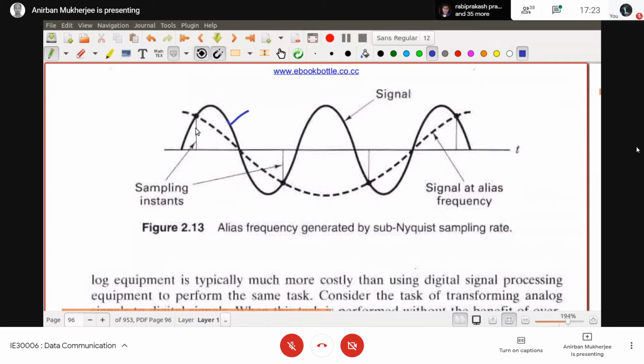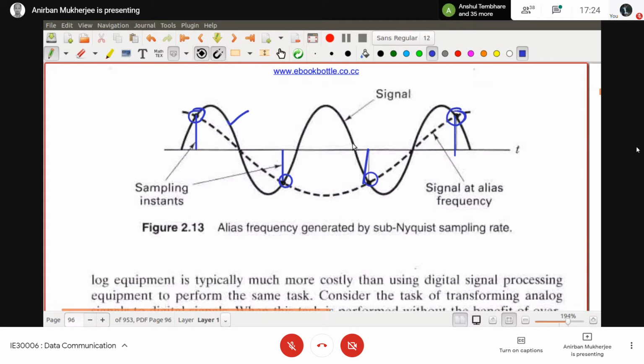Now I am sampling at this point, maybe at this point, and at this point. So this is the uniform kind of thing, and I am doing ideal sampling. These are the sampling instants. Now at these sampling instants, you can reconstruct a low-frequency sinusoid. So that means the signal is aliased, and you could not reconstruct it properly.